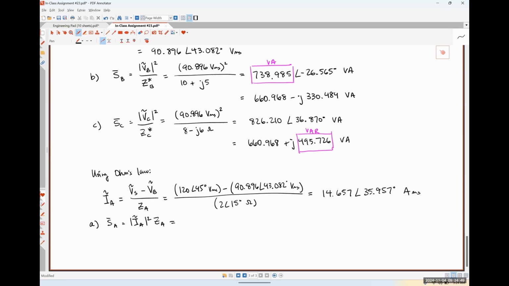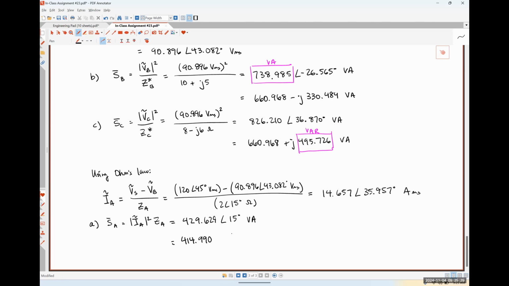So that's going to be the magnitude of what I just stored in my calculator as Y squared times what I have stored in my calculator as A. And I get 429.6292 angle 15 degrees volt amperes, or 414.98999.